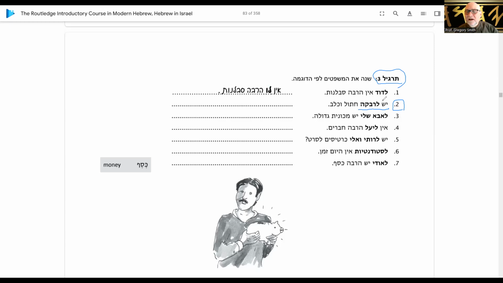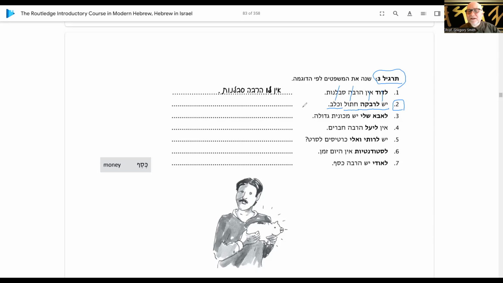Yesh le Rivka, so there is to Rivka, hatul v'kelev. Yeah, that's right, hatul is a cat. Yesh le Rivka hatul v'kelev. Okay, so there is to Rivka a cat and a dog.